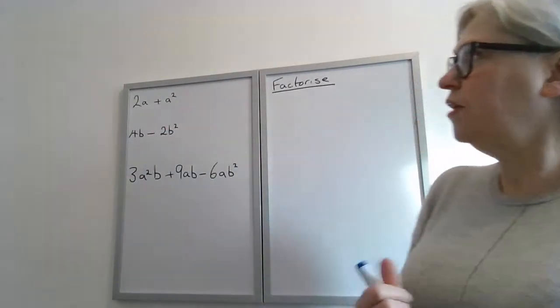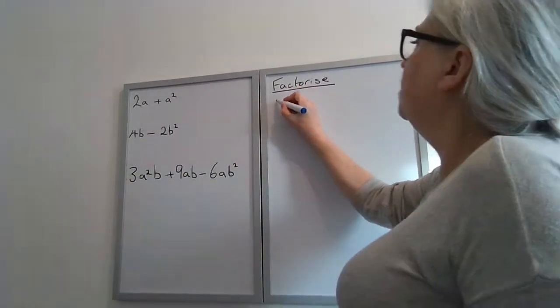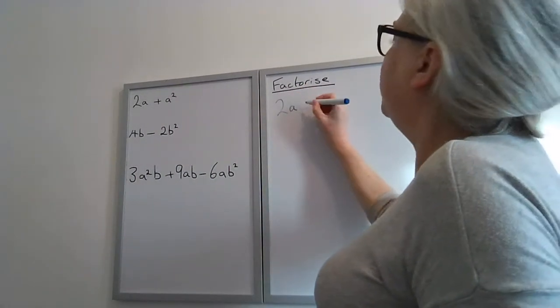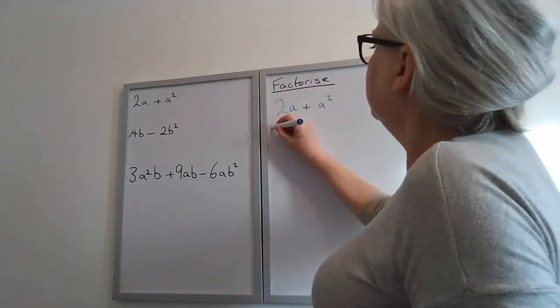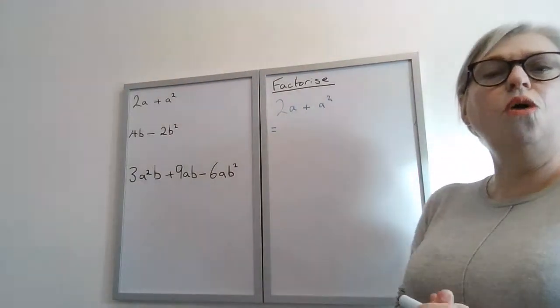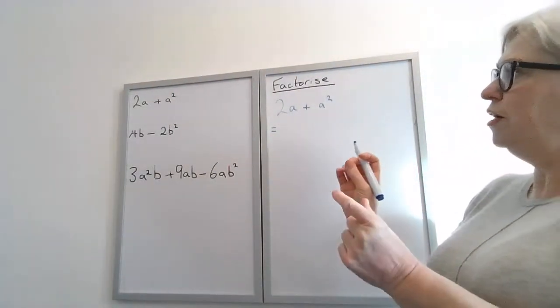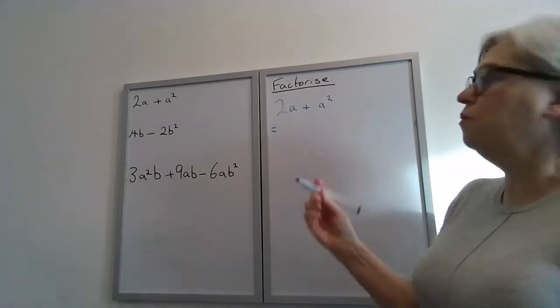So with the first one we've got 2a plus a squared. Now when you're not used to doing these, it's perhaps not obvious, so I'm just going to write it out with each term so you can see what we're doing.